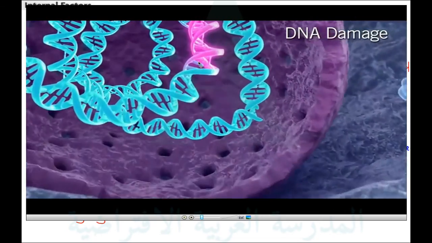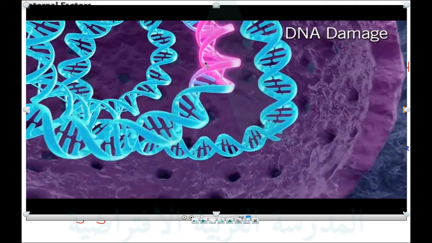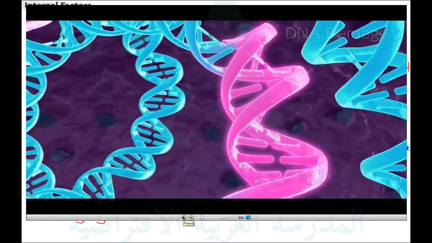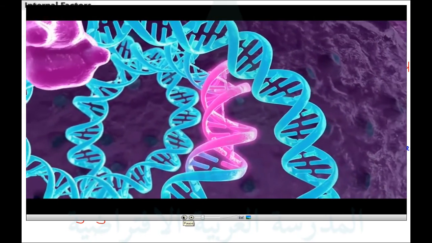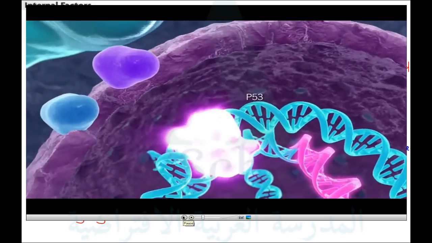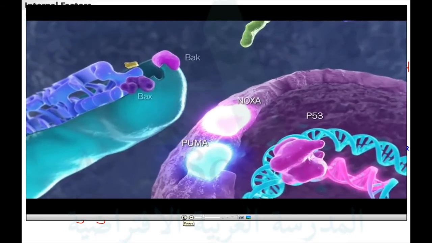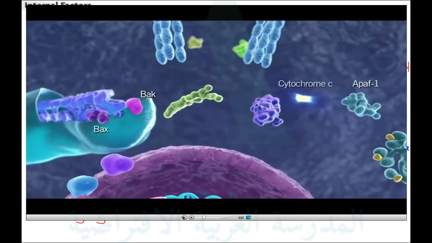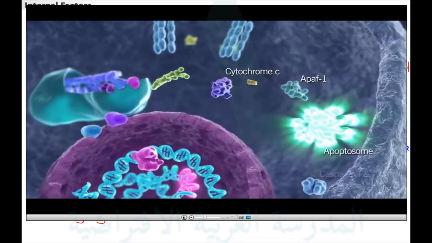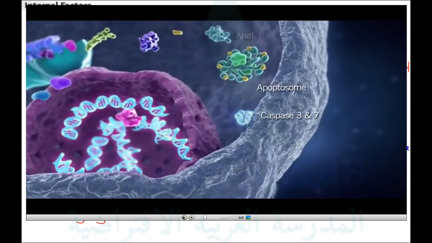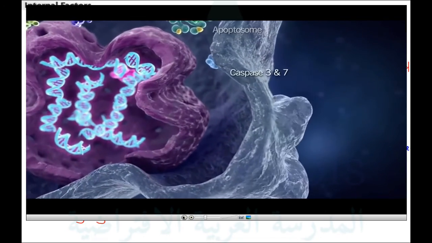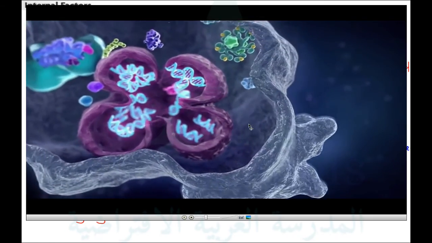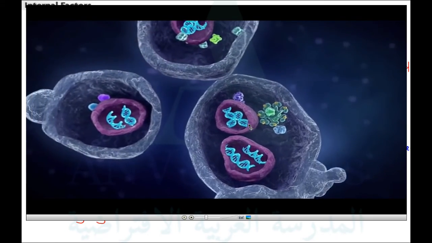This one can help destroy the damaged DNA, or apart from damaged DNA, there might be release of some proteins that will basically destroy the whole cell, so that the cell will actually be completely destroyed.